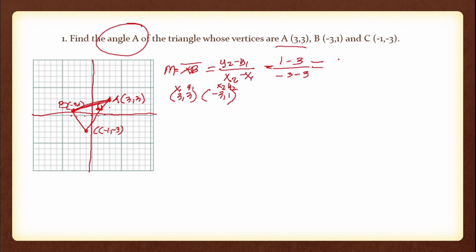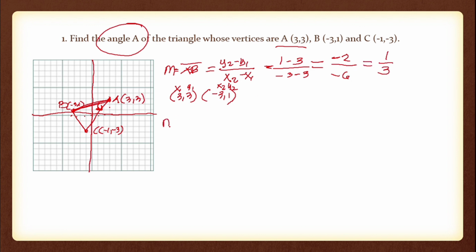So 1 minus 3 is equal to -2, over -6, that is equal to 1 over 3.